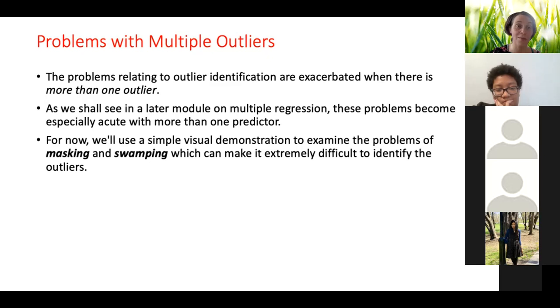This problem is even worse when we have more than one predictor, so for multiple regression. What I would like to show you are two effects that are known as masking and swamping, and that come with having more than one outlier in our data set.